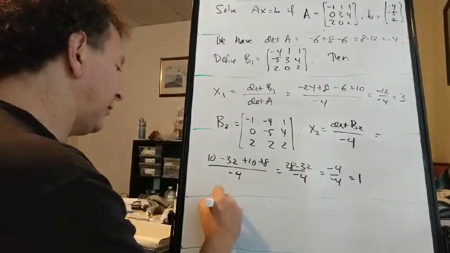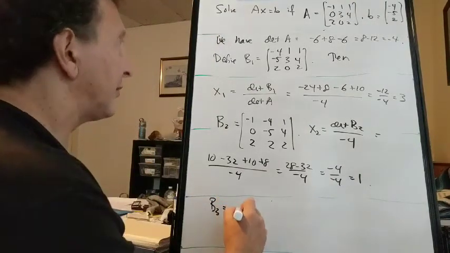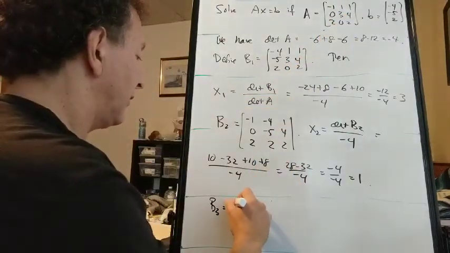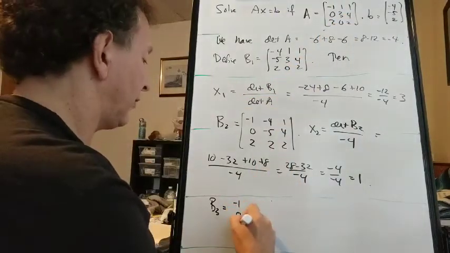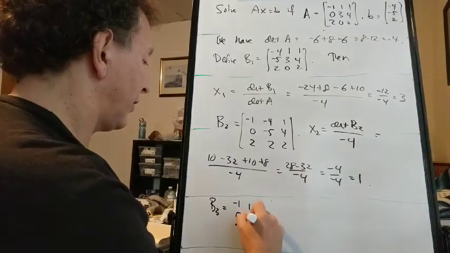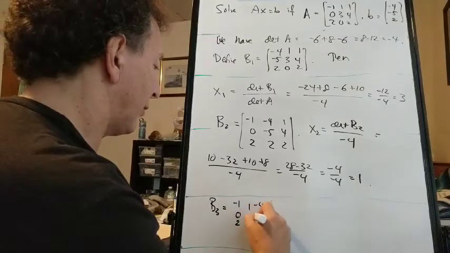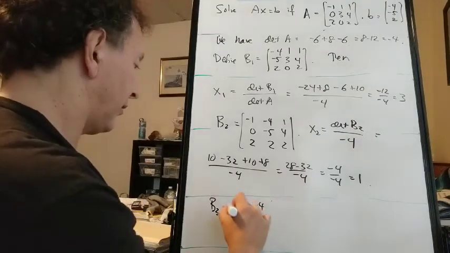And then B3 is the matrix we get by replacing the third column with B. So negative 1, 0, 2 in the first column, 1, 3, 0 in the second column, and negative 4, negative 5, 2 in the third column.